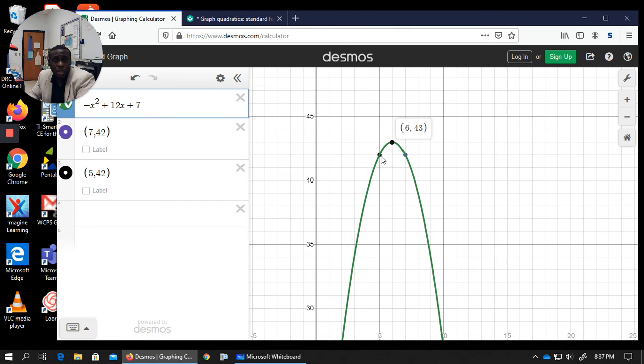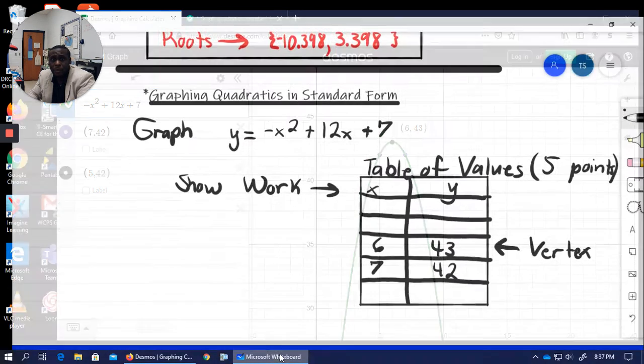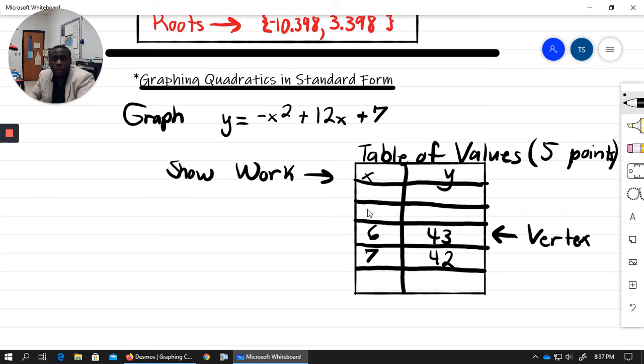So you see how those 2 points that I just put up there are symmetric. One of them's on the right side of it, the other one's on the left side of it, but they're kind of symmetric around that. So that one was 542.